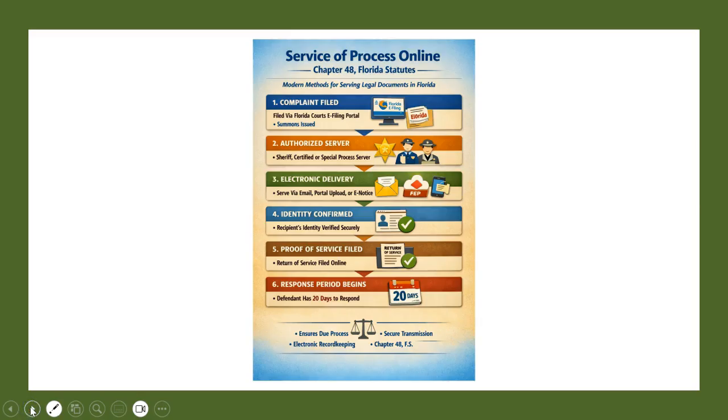You can also do service of process online. So there are some more modern methods for serving legal documents. This is Florida, the Florida Court's e-filing portal. The summons is issued, and you can go this route or use electronic delivery served by email, portal upload, or e-notice.